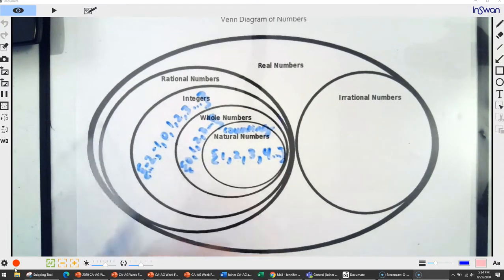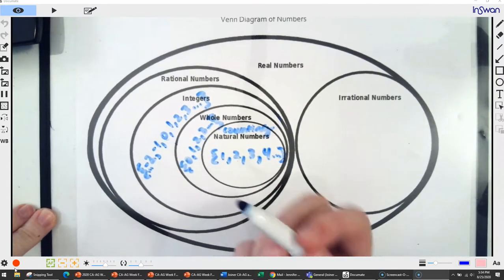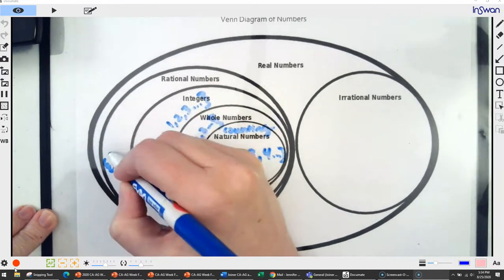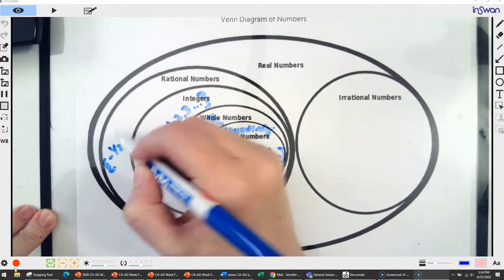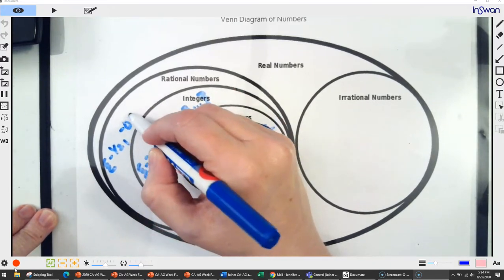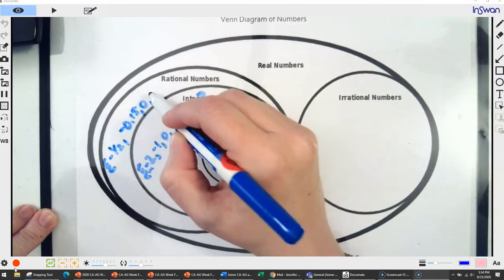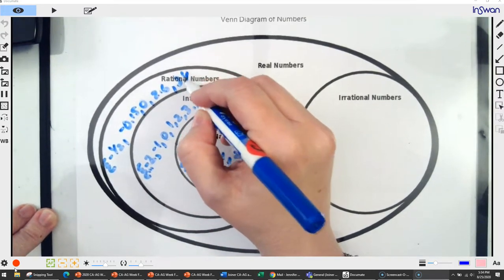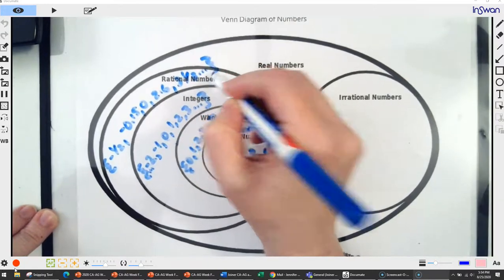All right, so now let's look at rational numbers. Rational numbers add in something new. And what would that be? That would be your decimals, right? So you could say -1/2. And your fractions. -0.15, 0, 2.6, 3 1/3, etc. Right?